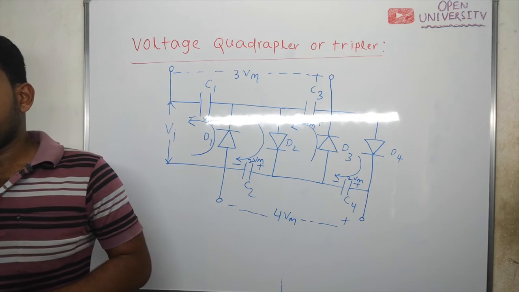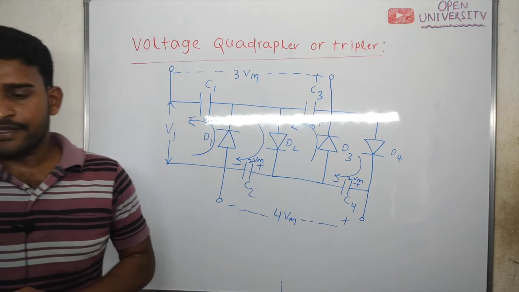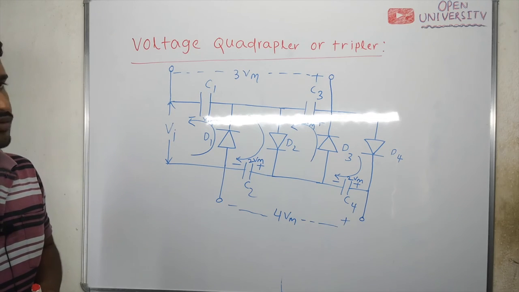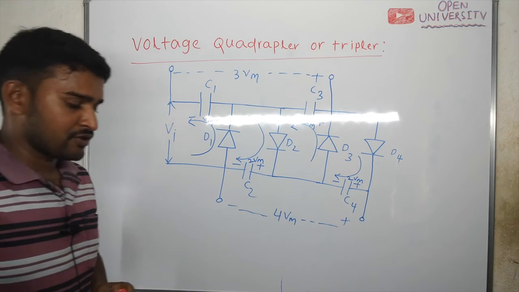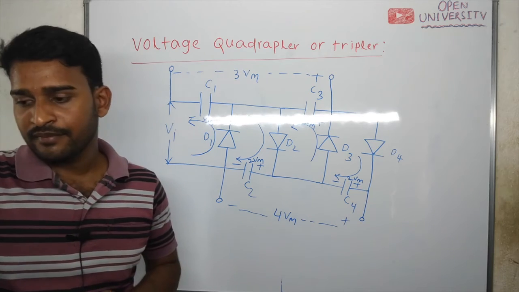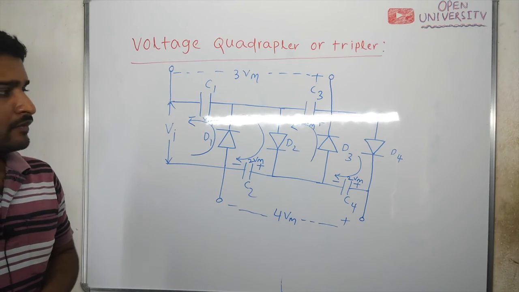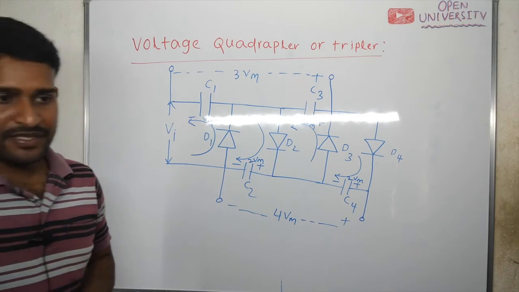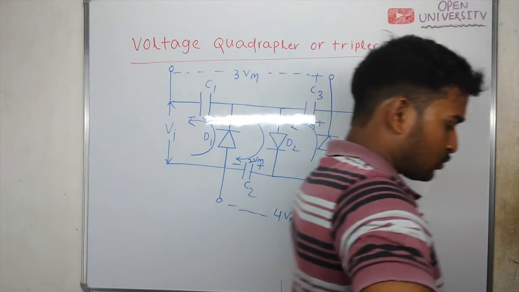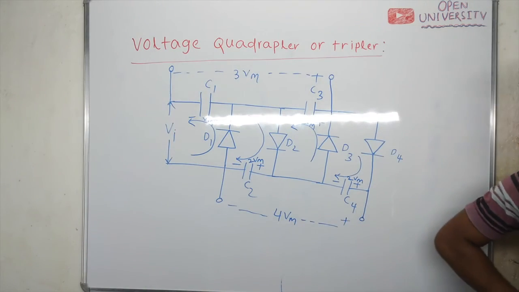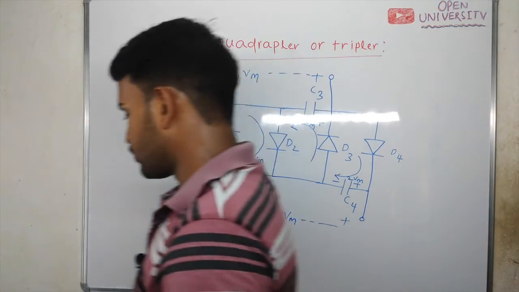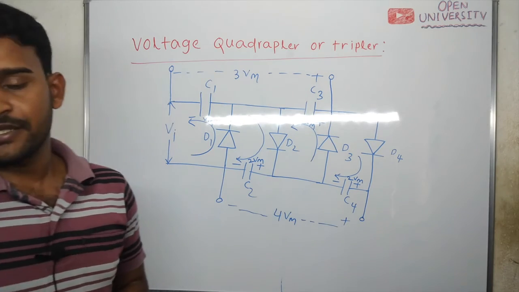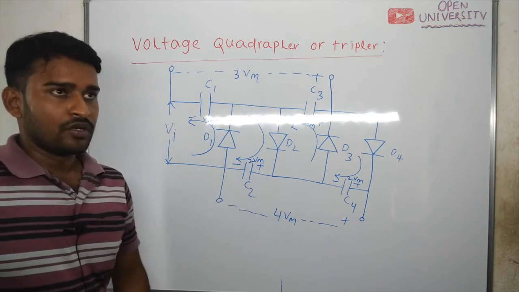C1 charges up to peak input, in bracket Vm, and remaining capacitors charge up to 2 times peak input, in bracket 2 Vm. That is, the remaining capacitors will charge up to 2 Vm.